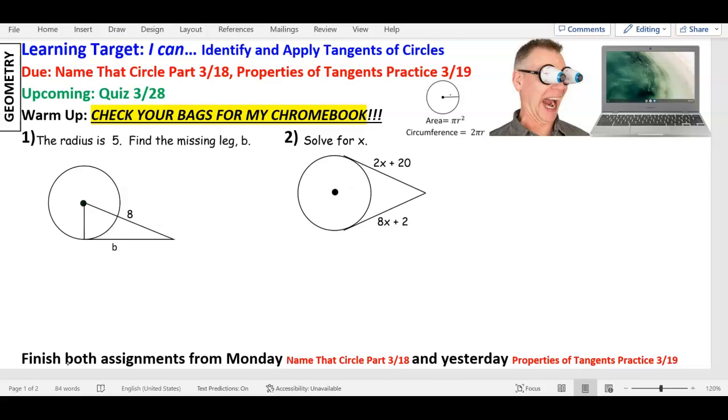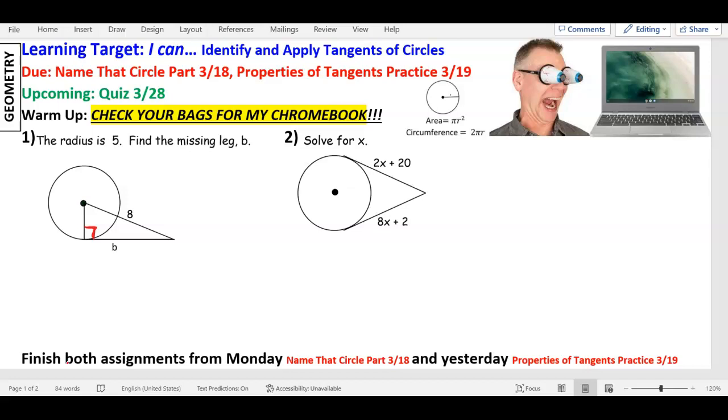If you have a radius and a tangent off the edge, what kind of angle does it make? Radius and tangent make what kind of angle right here? A right angle. Okay, so we go ahead and make a little right angle here. We learned that yesterday. It's on your notes, right? You following along here?